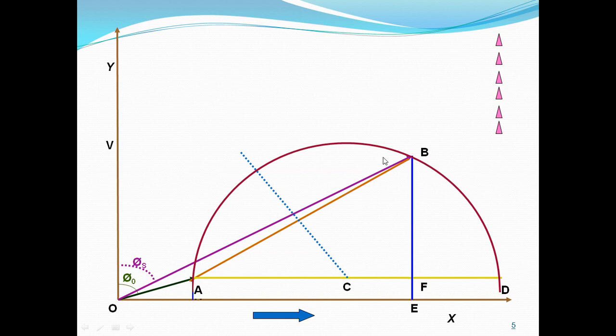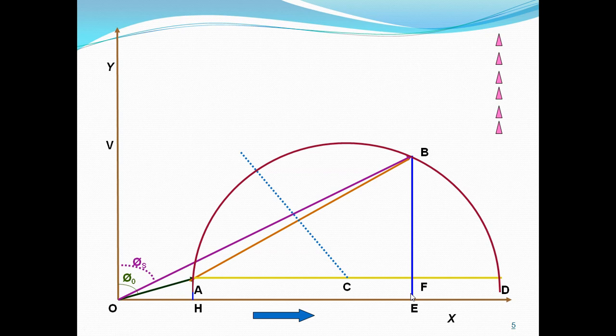So that is BE and AH. B cuts the AD line at point F, so that AH is equal to FE.